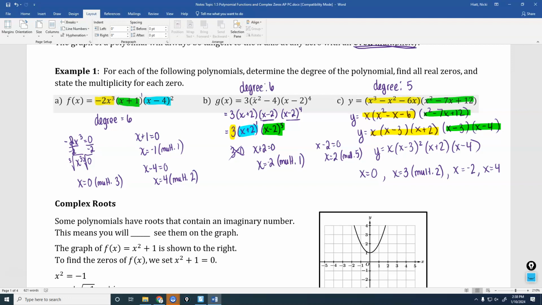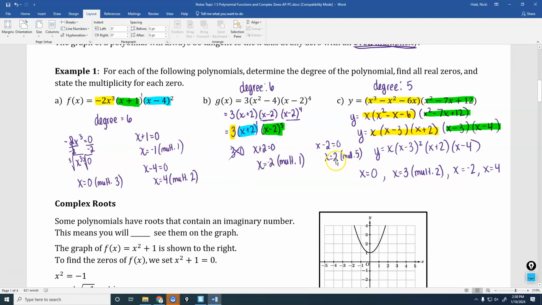Okay. You should notice here that my degree should correspond with the number of zeros that I have, and he might mention that later. So here for this, I have a degree of 6. I've got 3 zeros right here, 1 here, and 2 here. That's 6 zeros. Here I had 1 zero at x equals negative 2.